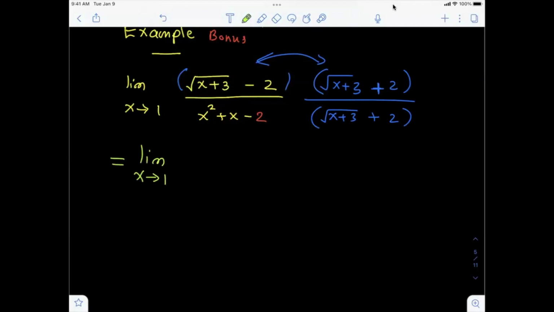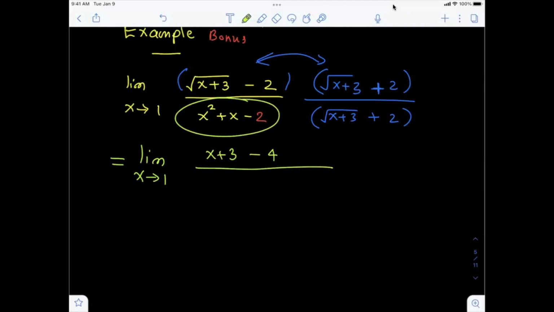And when you do that, now you don't need to spend many lines to get there. Once you see it, you just get rid of the square root here. So x plus 3. And then you square this term. Don't forget, it doesn't have a square root. So when you have 2 square, that is going to be 4. The whole thing is divided by now this term.